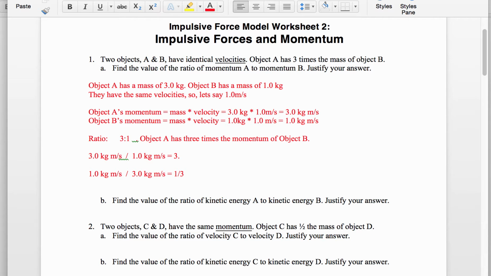That's fine too, but it asks the momentum from A to B, so A should go on top. It should be A divided by B, which is what it asked for. This one here would be, even if they asked for the ratio of B to A. So this is not what they were asking, so no, don't do that.